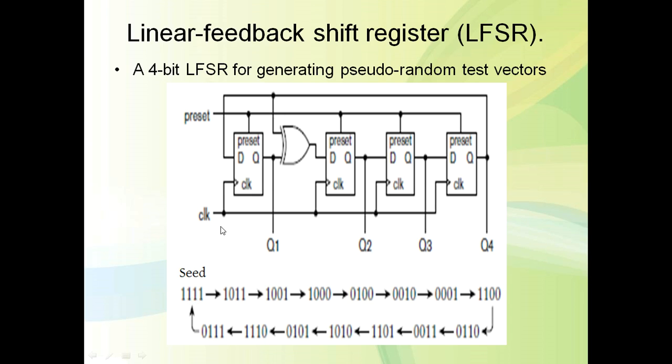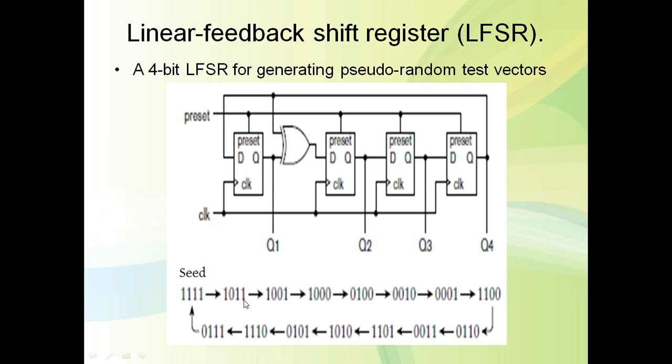After that, with every clock signal it will change the sequence, and this sequence is not sequential, it is a random sequence. The first is the seed point, 1 1 1 1, then the next is 1 0 1 1. You can analyze this circuit and you will get the same pattern.